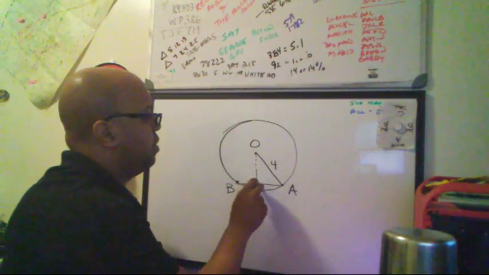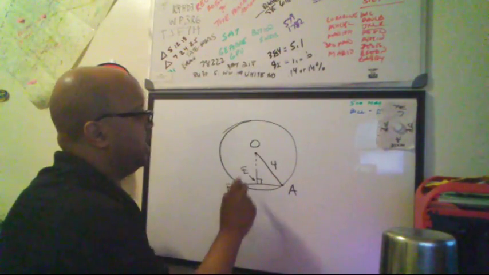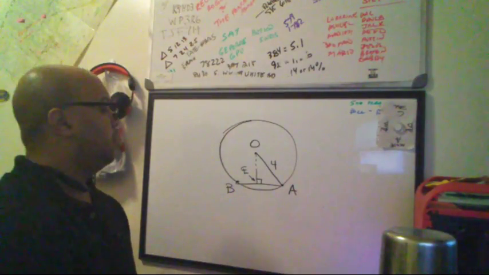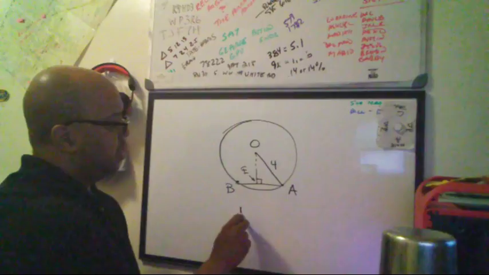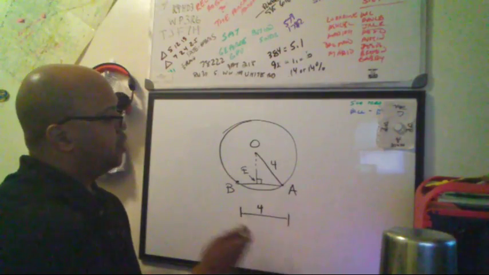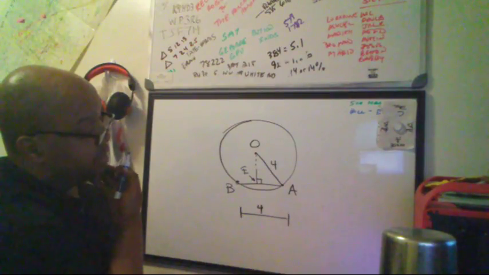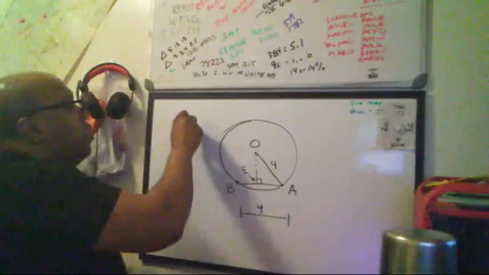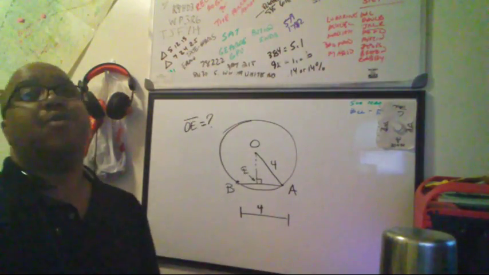And we have a line coming down, and this point is echo, or E. So they're saying that O to A is 4, and this length, alpha to Bravo, is 4 units long. And they want to know the distance of O to E. So line OE is what we're looking for.